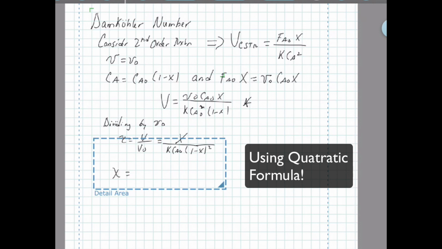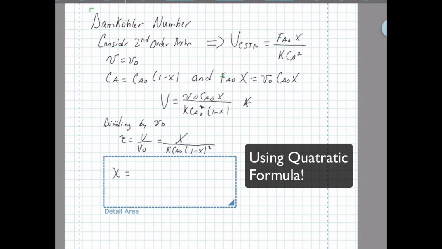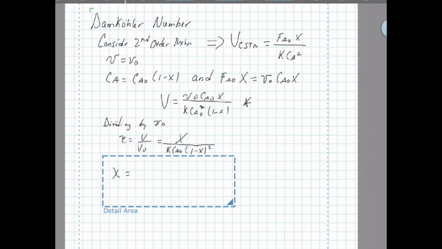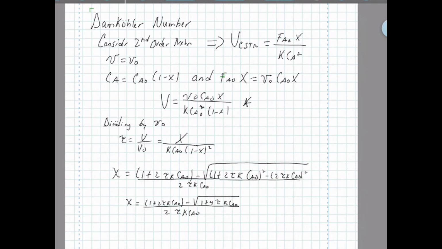You have to solve this equation in terms of tau for conversion. So the final expression for the relationship between conversion and tau ends up being something like this.